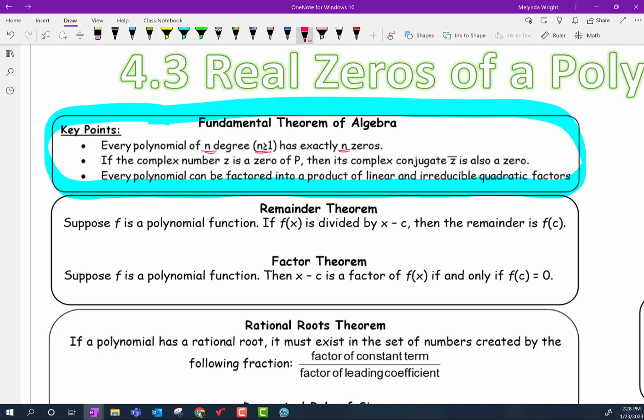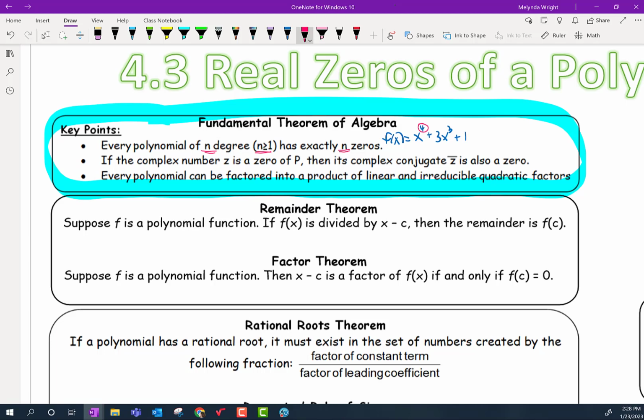What does that mean? For example, let's say that f of x was x to the fourth plus 3x cubed plus 1, something like that. What does this theorem tell me? This theorem tells me that the degree, if you recall, is the highest exponent, and the highest exponent is a 4.